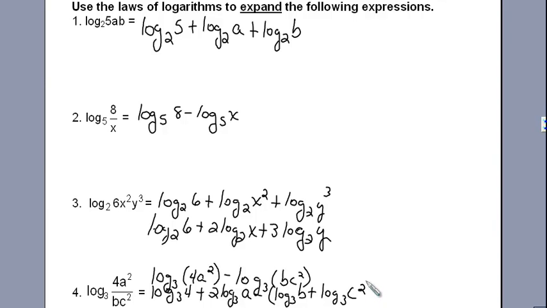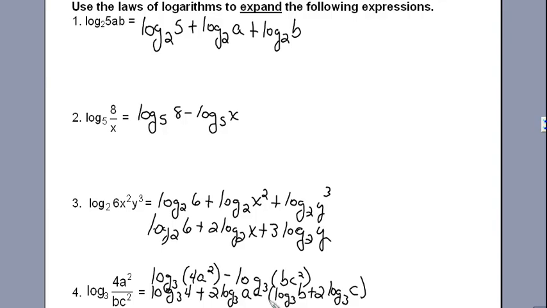Now I should erase this. This 2 should come in front, so it should be 2 log base 3 of c.